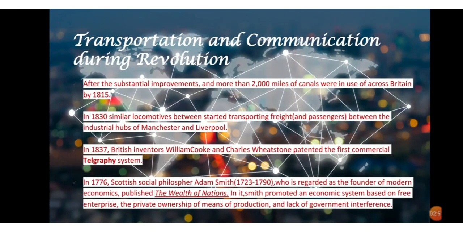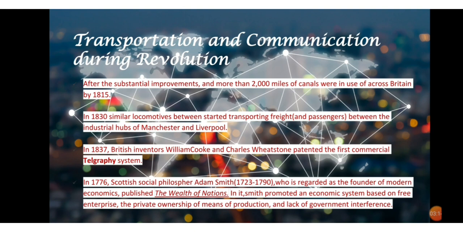Transportation and communication during the revolution. After substantial improvements, more than 2,000 miles of canals were used across Britain by 1815. In 1830, similar locomotives started transporting freight between the industrial hubs of Manchester and Liverpool.